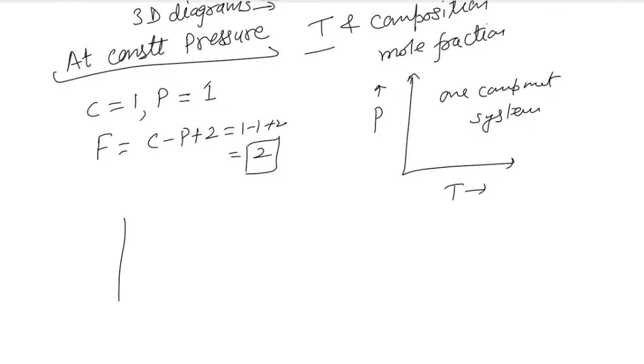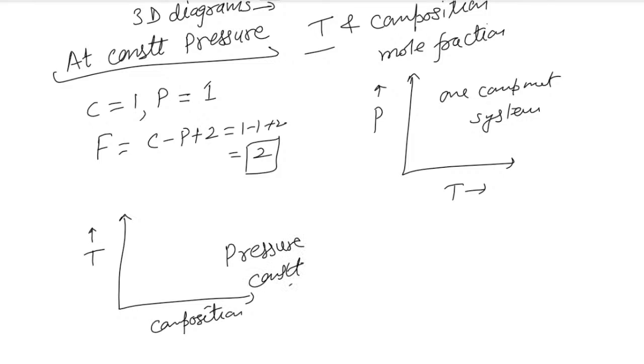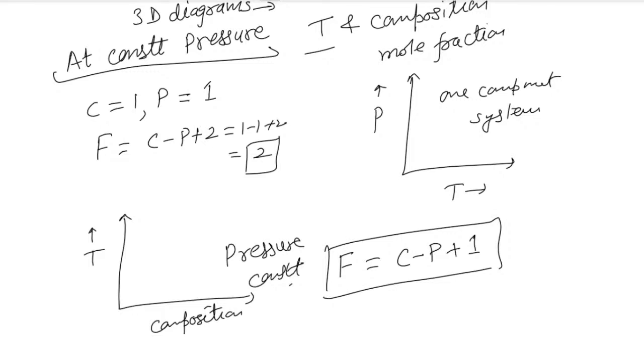For a 2 component system, what do we do? We take into account temperature and composition, keeping the pressure constant. So then we apply the condensed phase rule. Condensed phase rule means phase rule at constant pressure. So what do we write? C minus P plus, instead of 2 we write 1, because this 2 is for temperature and pressure.